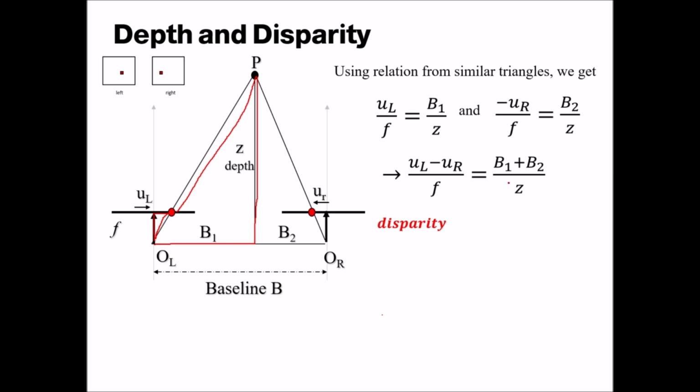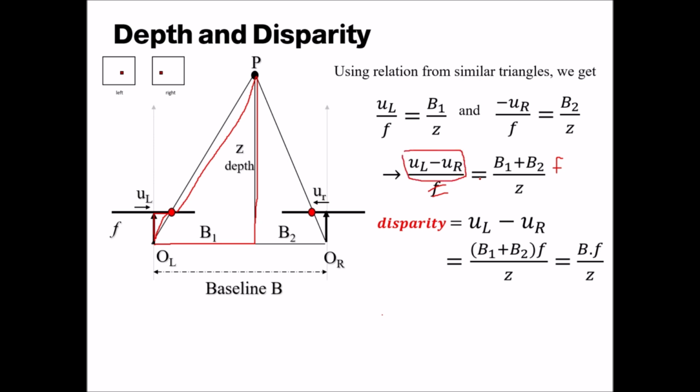Multiplying by F, we remove this F. The disparity is always the difference between the x-axis of the left and right sides. So disparity is UL minus UR, which equals BF over Z.